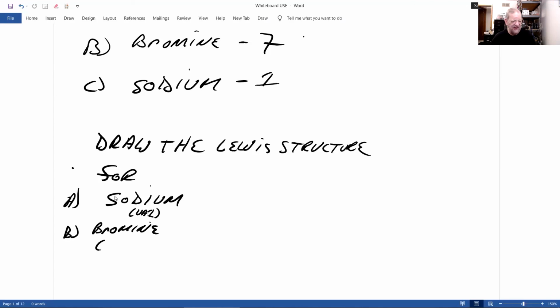This has 7 valence electrons. Your turn. Draw the Lewis structures for sodium and bromine. The first thing you have to do is look up how many valence electrons, but we've already done that. Sodium 1, bromine 7.